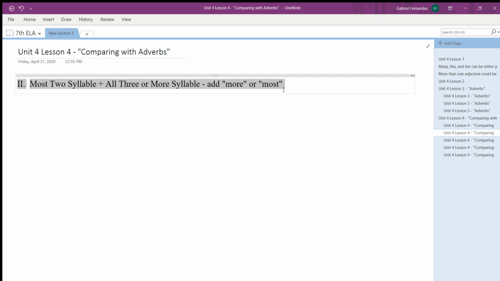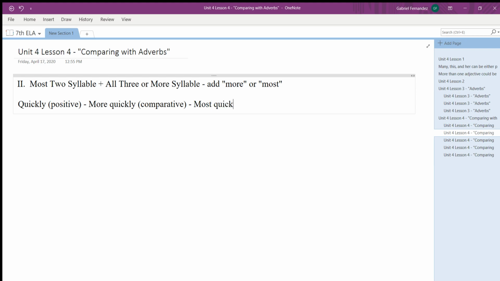Rule number 2. Most 2-syllable words and all 3 or more syllable words, you don't add an ER or EST, you add the word more or most in front. So let's get a word like quickly. Quickly is positive. More quickly is comparative.